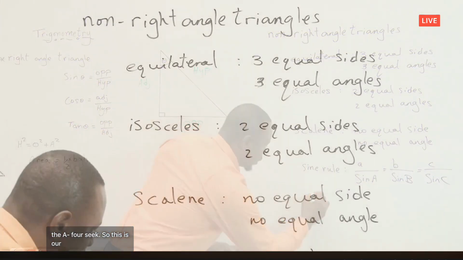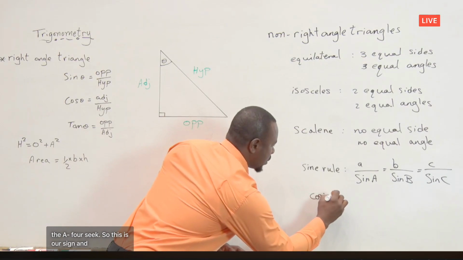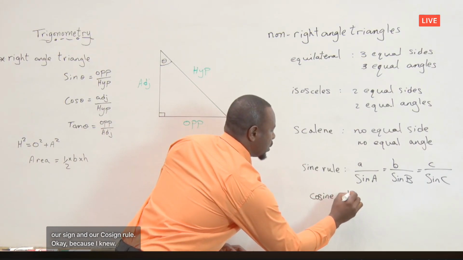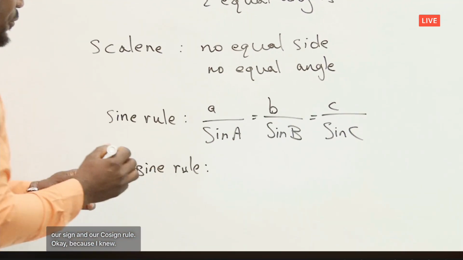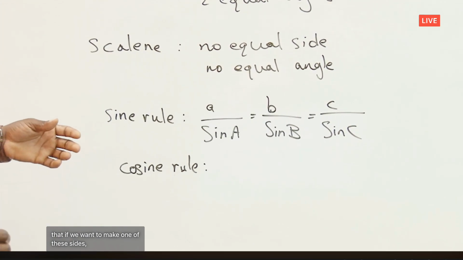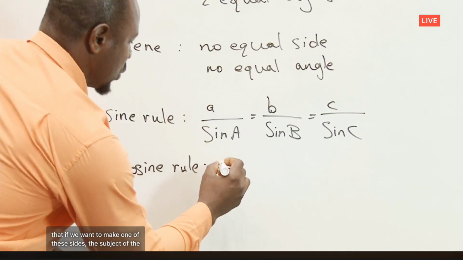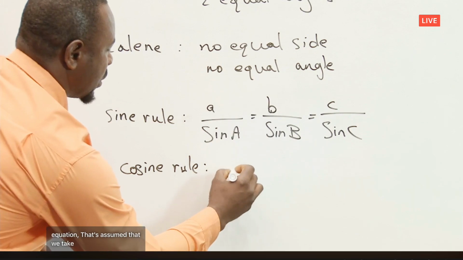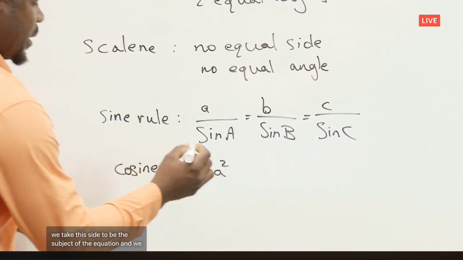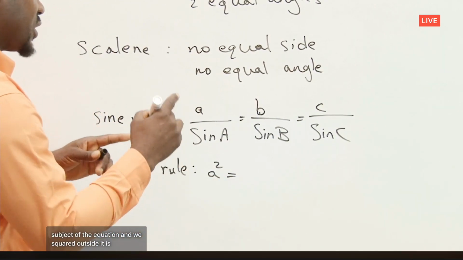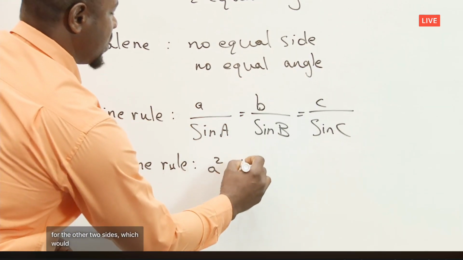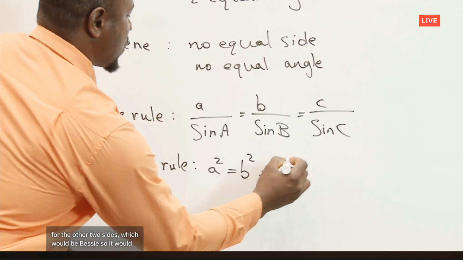And our cosine rule, okay, the cosine rule tells us that if we were to make one of these sides the subject of the equation, let's assume that we take this side A to be the subject of the equation and we square that side, it is going to equal to the sum of the squares for the other 2 sides, which would be B and C. So it would be B squared plus C squared.